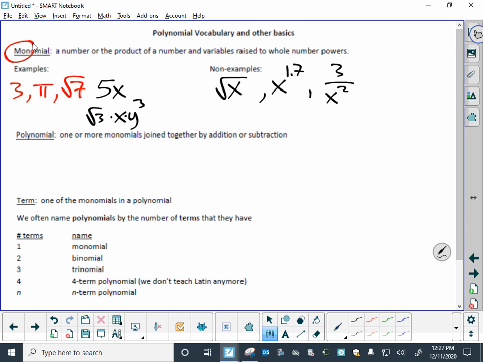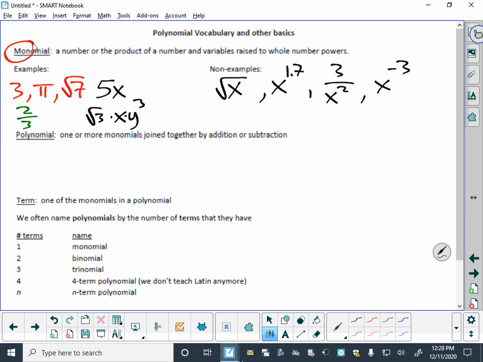That's not a product, that's a quotient that has our variable in there. Over here on the side, 2/3 is a number as well, so that's fine. It's okay to have numbers in the denominator, but not to have variables in the denominator. If we wrote something like x to the negative 3 power, that's not a whole number in the power. So those are things that are not monomials.